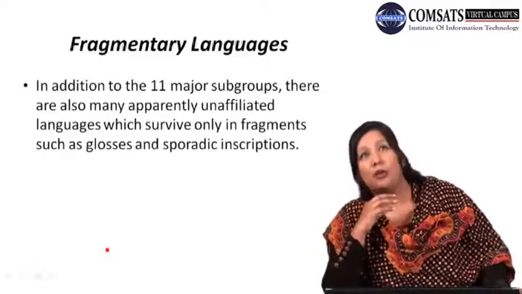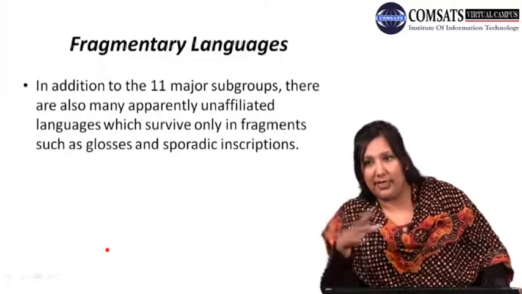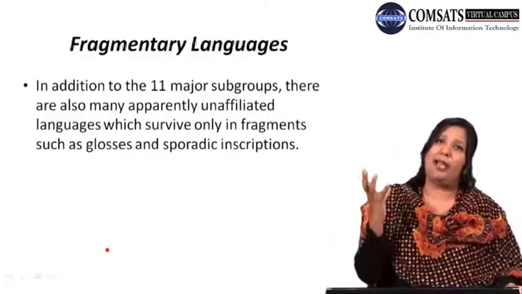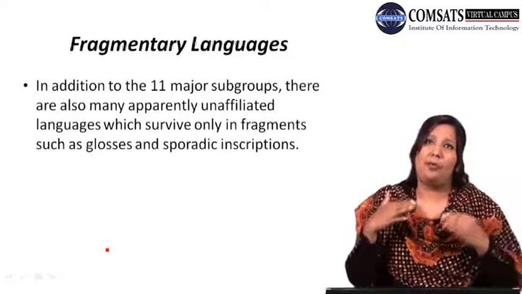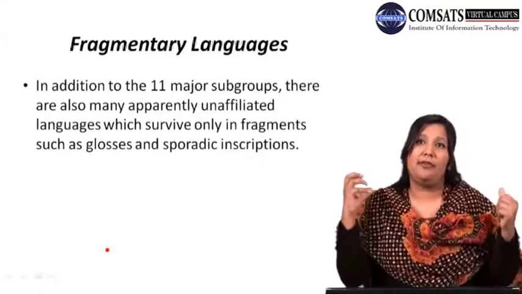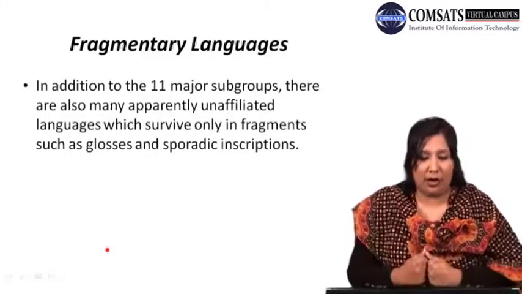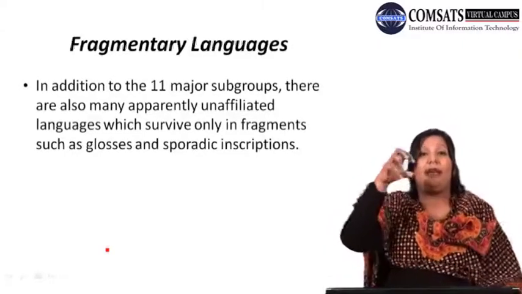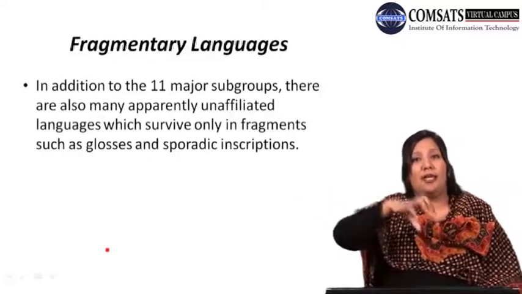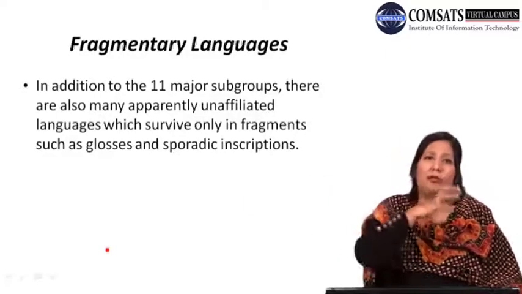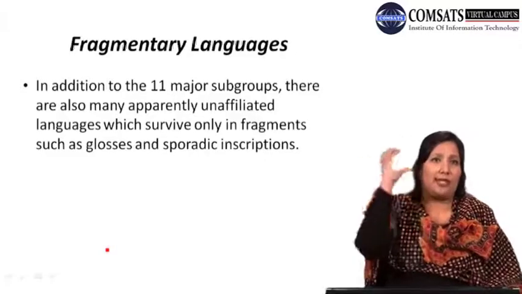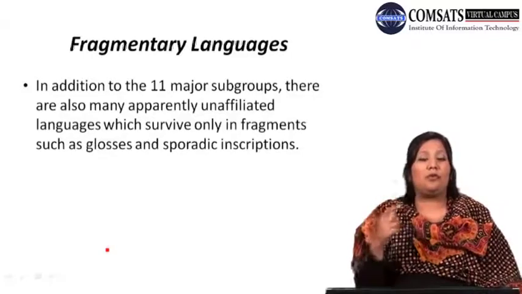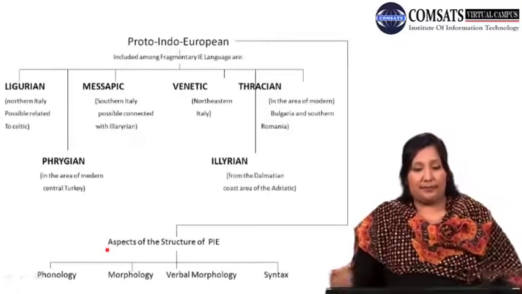There were some languages that perhaps did not come from any of these branches. They were existing on their own, surviving in fragments, in pieces. One part of the language was spoken at one place and another part at another place. All those languages are known as fragmentary languages.